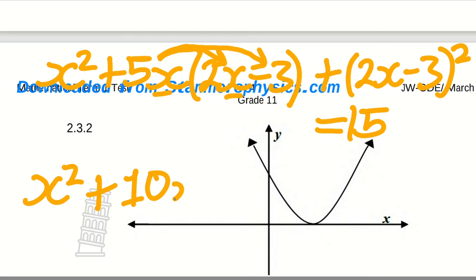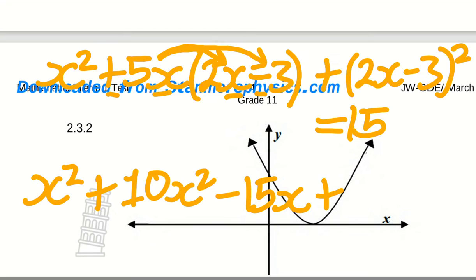X times x will just give us x squared. And then we take the 5x again, we also times it by the negative 3. So 5 is positive. First of all, positive times negative is negative as the signs are different. And then 5x times 3. 5 times 3 is 15. So it means negative 15x. Okay, then we say plus more 2x minus 3.